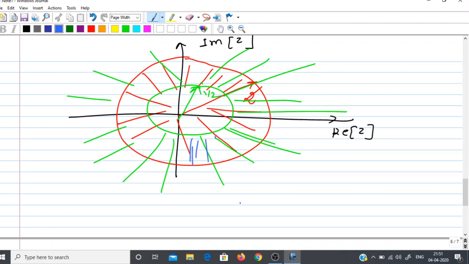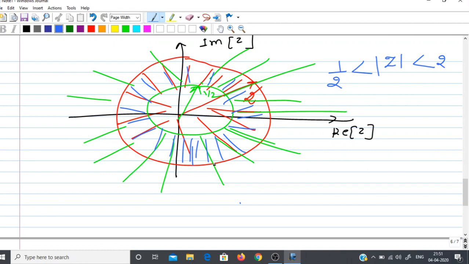So this is that annular region between half and 2. So we see that X1 and X2 both will be simultaneously converging for mod Z greater than half and less than 2, which is this annular region.